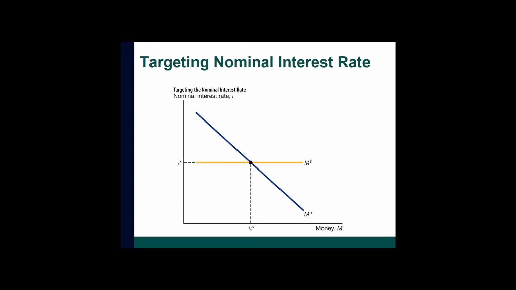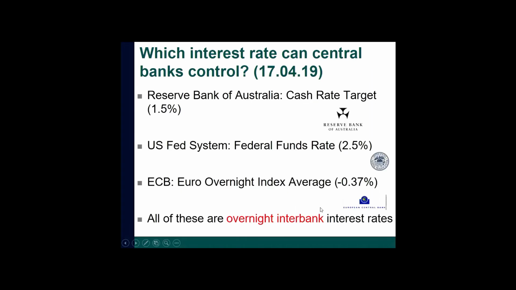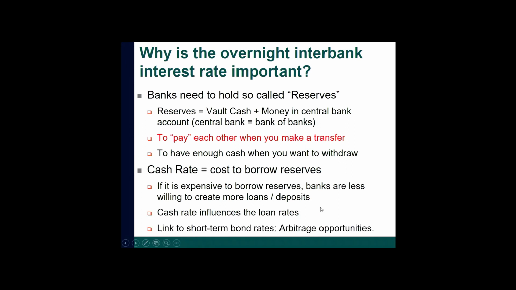They say we want to have the cash rate at 1.5%. So it doesn't matter how much money is in the economy, they're currently targeting 1.5%. That's the reason why we made it horizontal in this class. Good. Nice. So I explained this one.